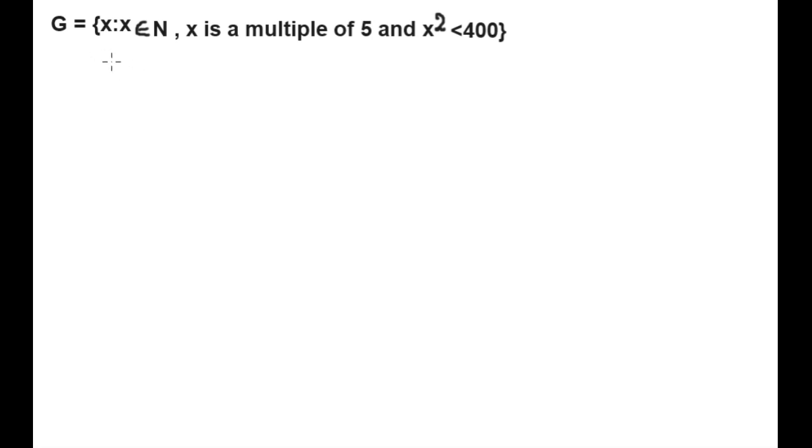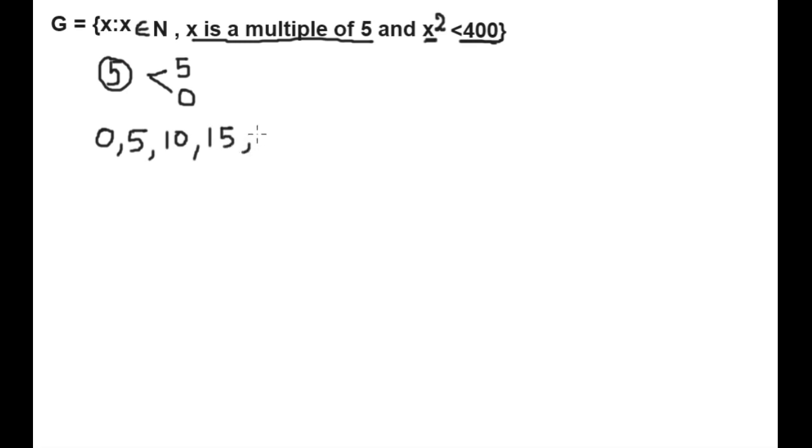Multiple of 5 means the number should end with either 5 or 0. And x square should be less than 400. So natural number starts from 0 and it should be a multiple of 5. Multiple of 5 means 5, 10, 15, 20, 25.